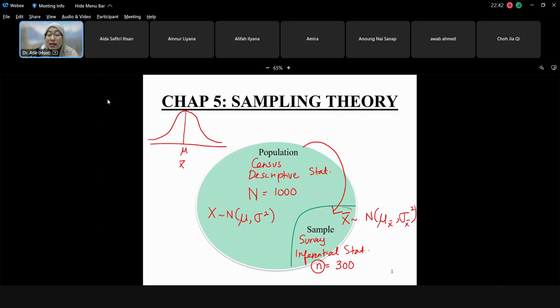And if you can see, we have this additional notation to represent the sample. But actually the process of doing it will be almost the same. Okay, this is only the introduction.